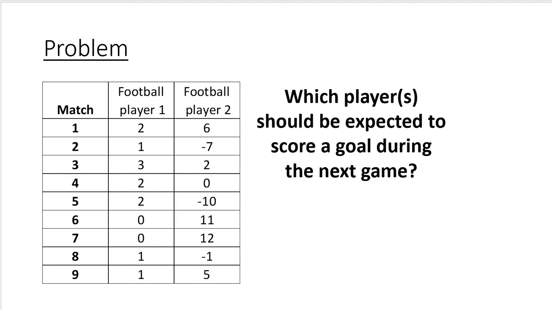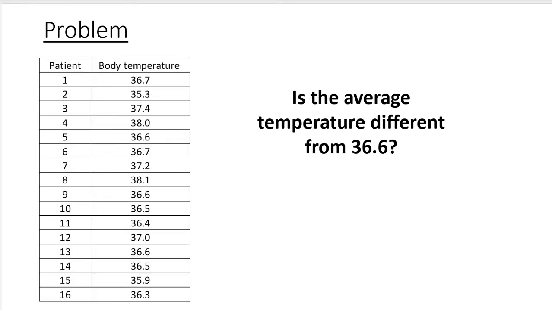So no problem here. I'm bad in football, but not that much. So yeah, the first player is more predictable, and you can say for sure that you can expect him to score at least one goal during the next game, while the same is not true in case of the second player.